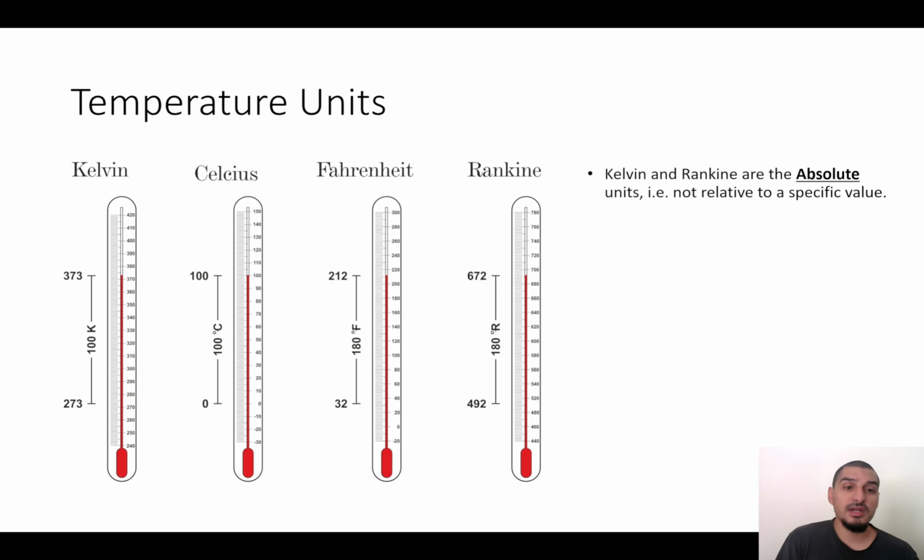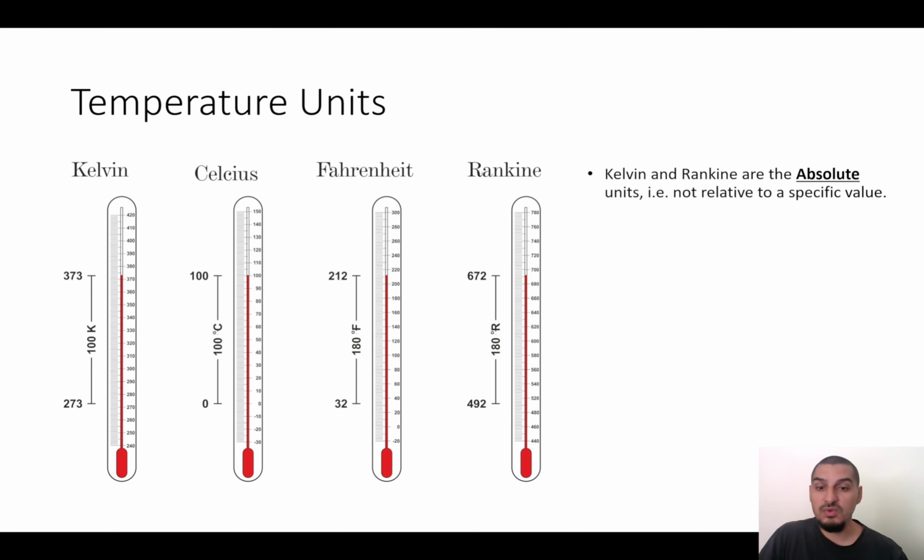The same goes for Fahrenheit and Rankine. In the case of Fahrenheit and Rankine, the Rankine is the absolute temperature. 0 Rankine is the same as 0 Kelvin, but Fahrenheit is a scale that means something else. It is something that you can feel, that is not relative to the absolute 0.